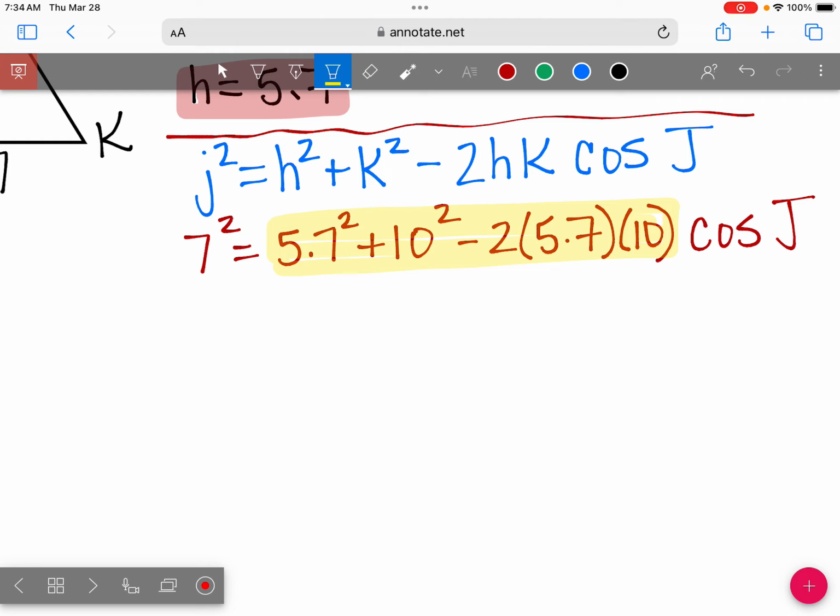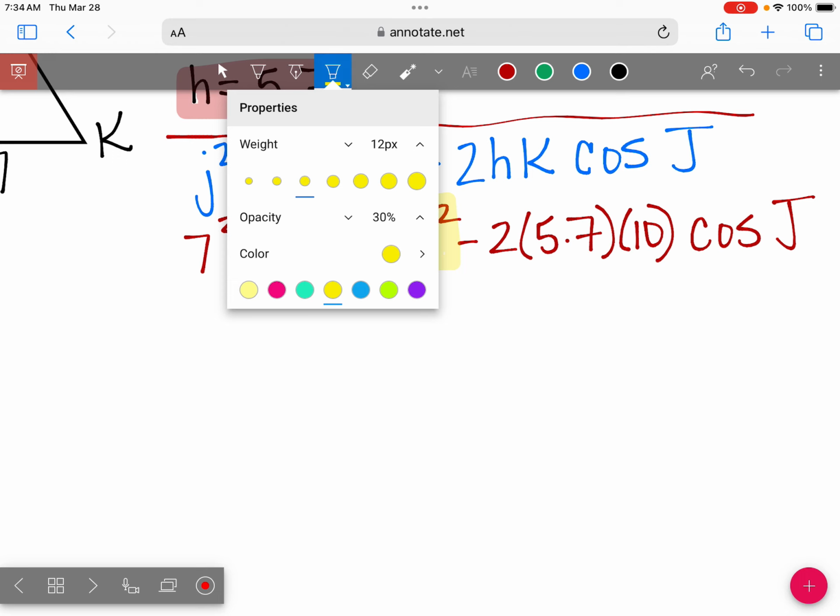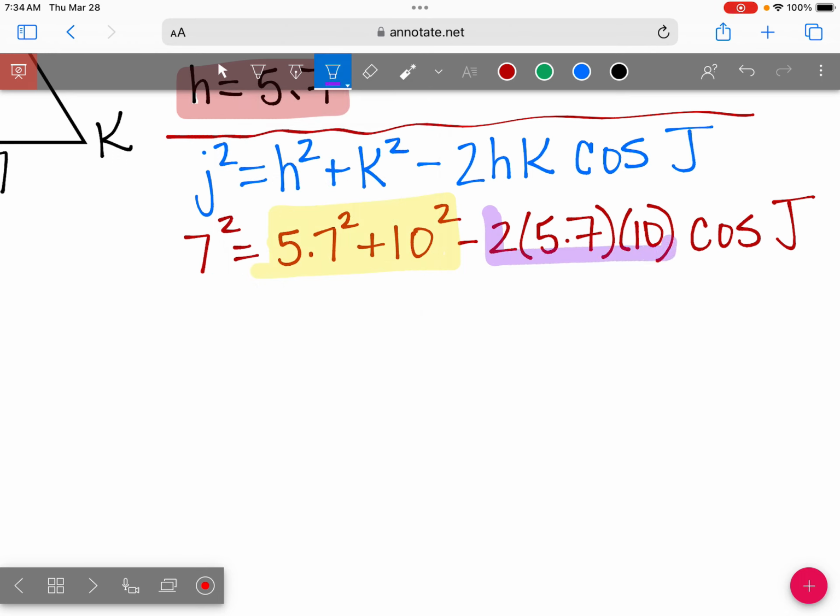Anything you do in any math class, you cannot break PEMDAS, okay? So because of this subtraction sign, we actually have to break this apart. Now you do need to figure out what 5.7 squared plus 10 squared is, and also what this other number is. But these two numbers, because of that subtraction sign, we have to keep them separate.